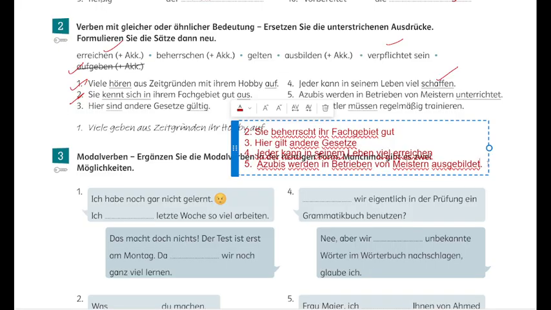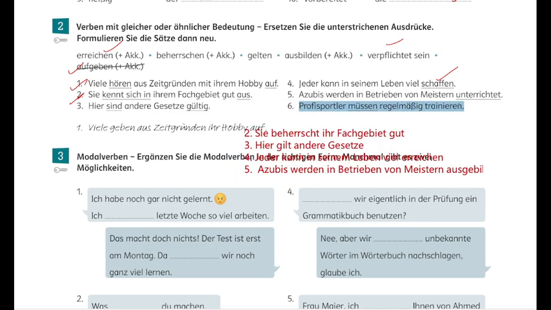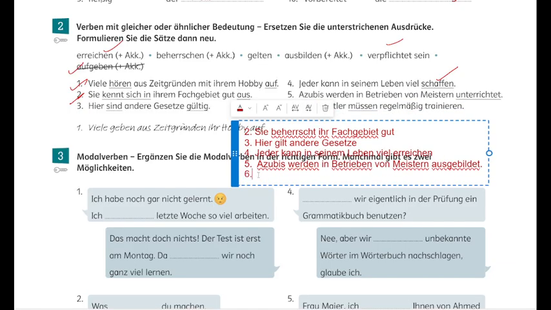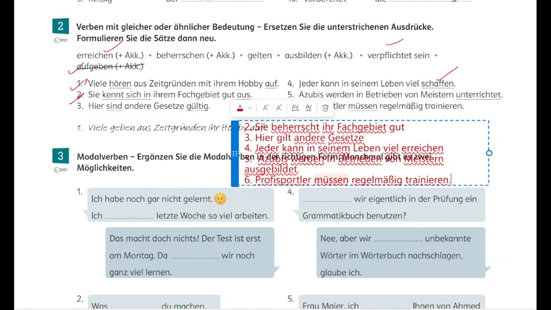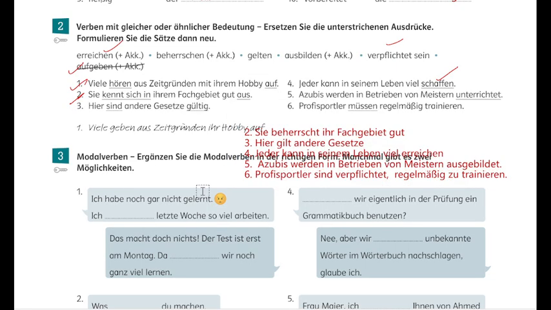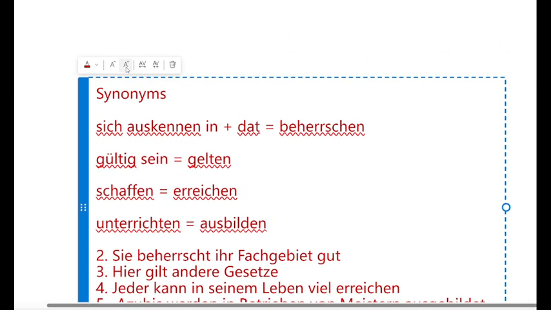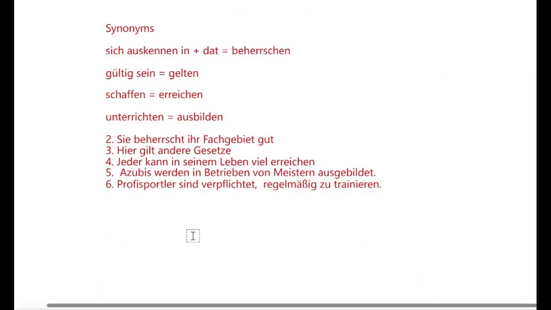So müssen. Sind verpflichtet, regelmäßig zu trainieren. Okay. Also include it. Yeah. Okay.